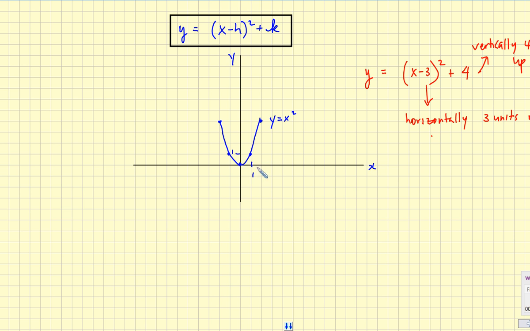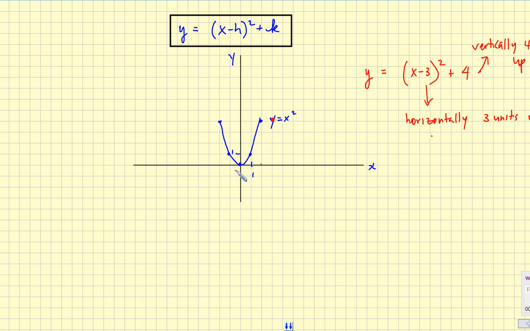So I start again with my original y equals x squared graph, and I move horizontally 3 units. So with the xy coordinates, the 0, 0 point will go 1, 2, 3 units to the right, and 1, 2, 3, 4 units up.